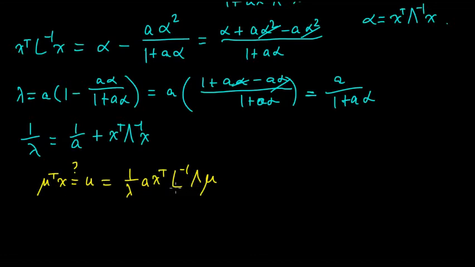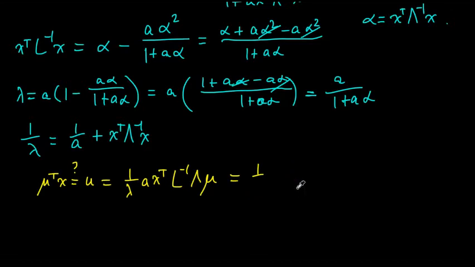Now what? So to show this, let's rewrite this. Let's transpose this. Actually, let's transpose the other side. Sorry, I do want to transpose this side. 1 over lambda mu transpose a times mu transpose.